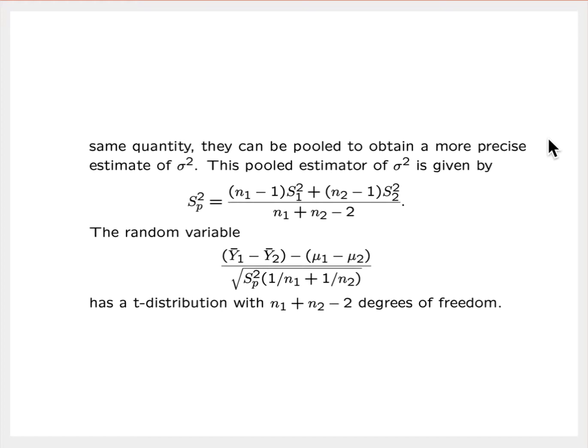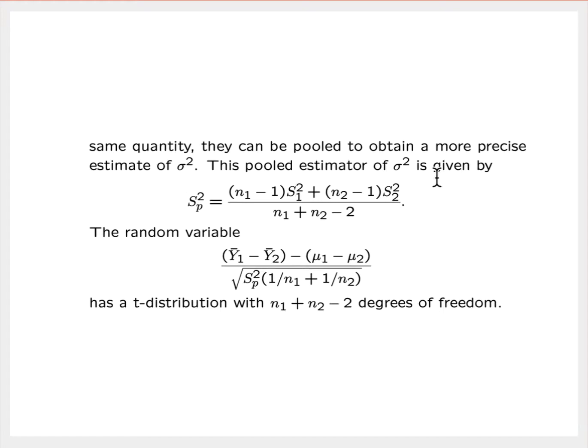The way we do this is we calculate a weighted average of the two sample variances, and we call that weighted average a pooled estimator or a pooled sample variance. The pooled sample variance is an estimator of the common population variance, and in fact it is also an unbiased estimator of that common population variance.